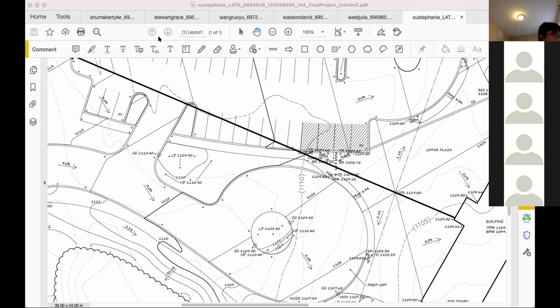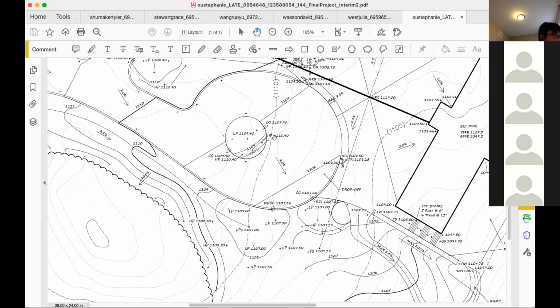Not exactly. So I'm trying to draw the cross section. So we have a 1109 going down. Then for the curb cut, we don't really have another 1109 inside this. I don't think you do. So yeah, the curb cut is wrong.